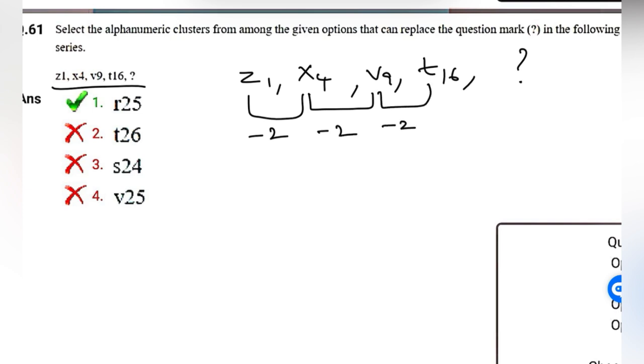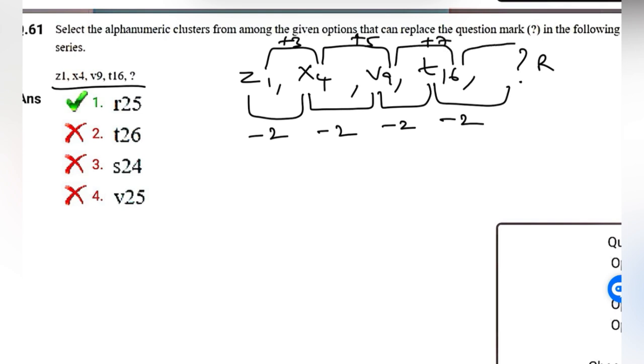Here the logic is Z minus 2 is X and X minus 2 is V and V minus 2 is T and similarly T minus 2 is R. And here 1 plus 3 is 4, 4 plus 5 is 9 and 9 plus 7 is 16 and similarly 16 plus 9 is 25. So the answer is R25.